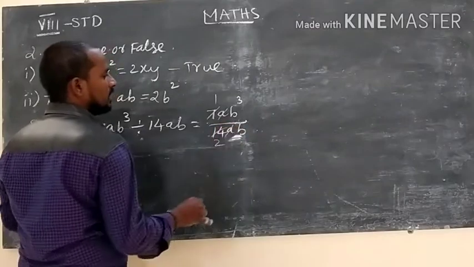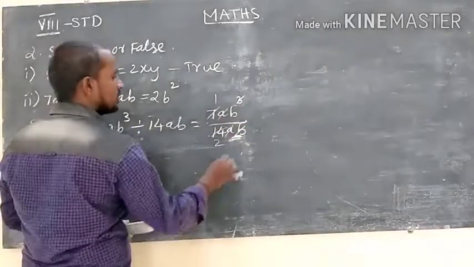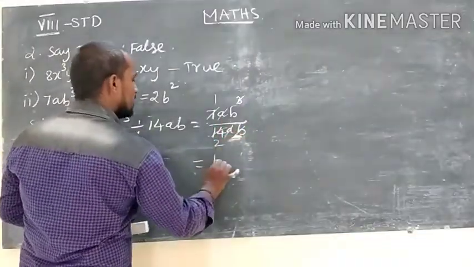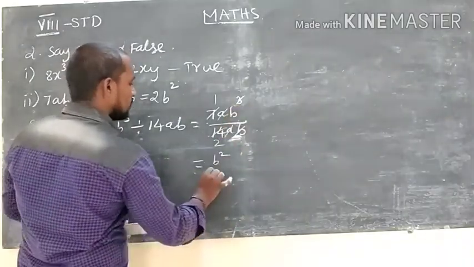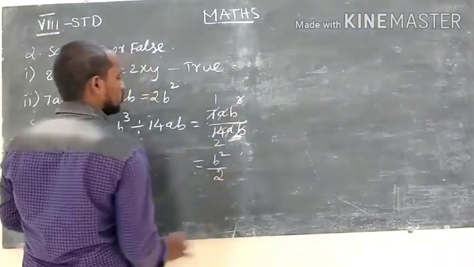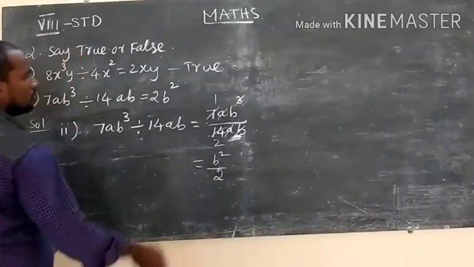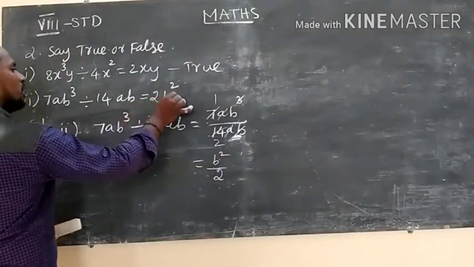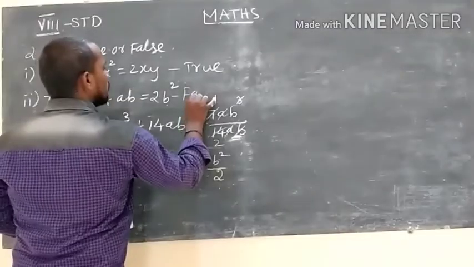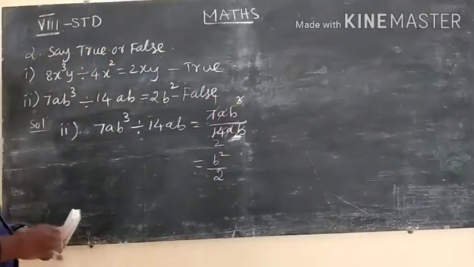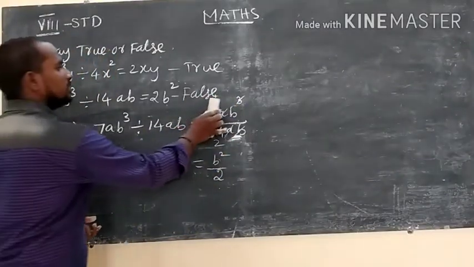Then a is cancelled, then 1b is cancelled. Remaining in the numerator b square, and 2 is left in the denominator. So b square divided by 2. But here it is given 2b square. It is false. That's all the reason.